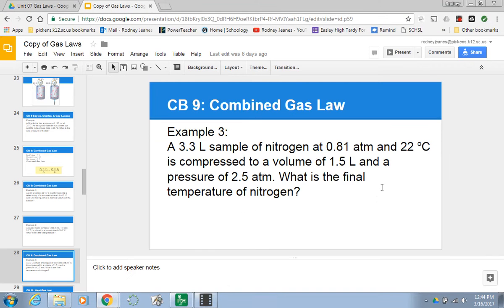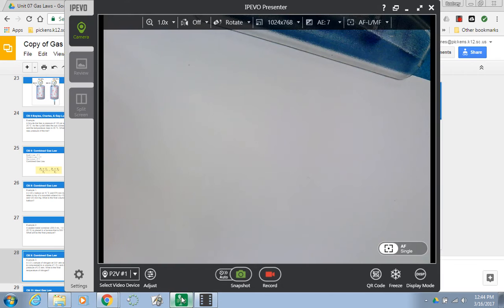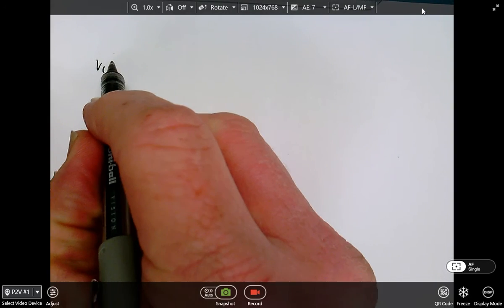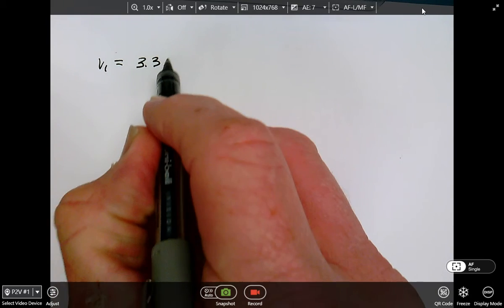All right, let's take a look at this one. Solve it on paper here. Okay, so what do we have? Well, first of all, we're told the volume, so we know what V1 is. It's 3.3 liters.